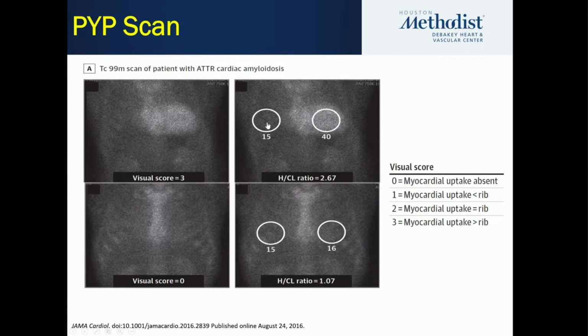You take the ratio for the heart and divide it by the ratio on the contralateral lung. If it is above 1.5 at 1 hour, then this is diagnostic or highly suggestive of ATTR amyloid. If it is less than 1.5, then it is less suggestive.